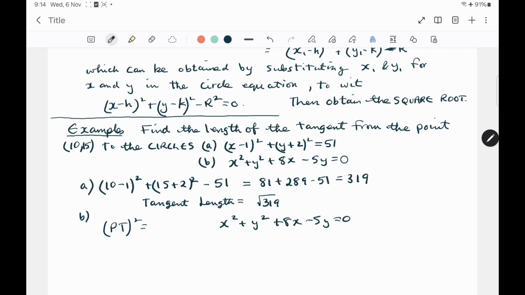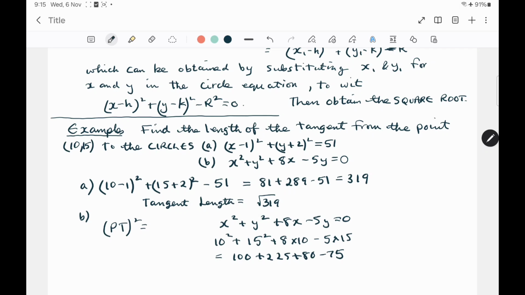And then substituting in the coordinates, you get 10 squared plus 15 squared plus 8 times 10 minus 5 times 15. And that works out to 100 plus 225 plus 80 minus 75.